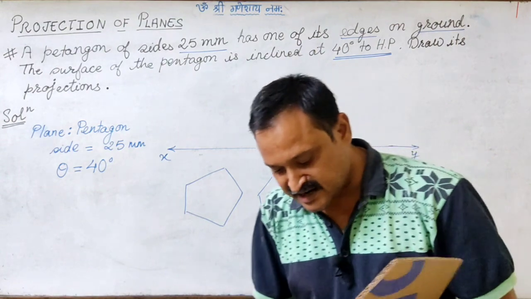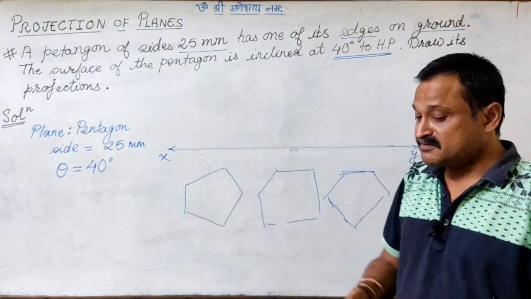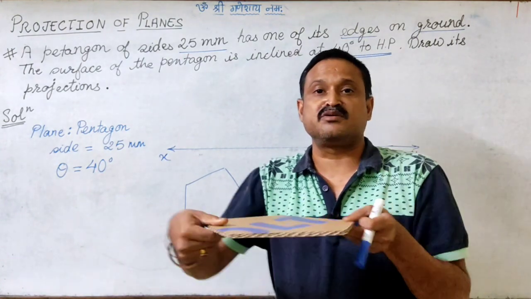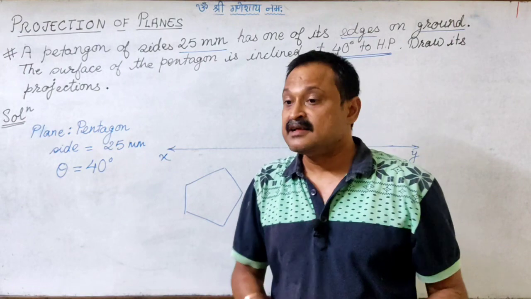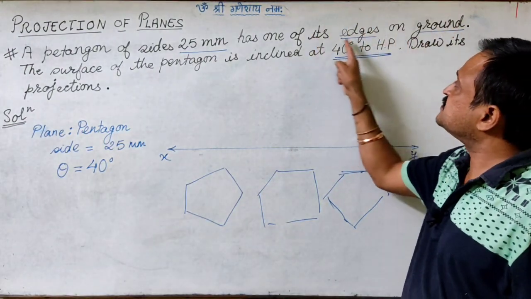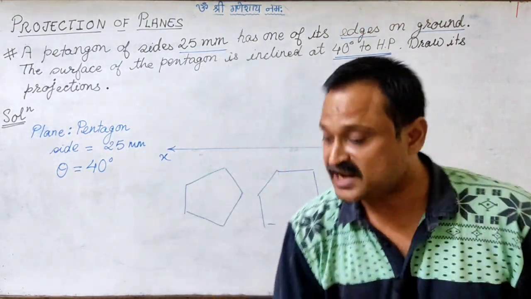We are sure that we have to draw the pentagon in the top view, but we don't know how I should keep it on the horizontal plane. Right? So for that, I will take help of this information where it is said that one edge is on HP.